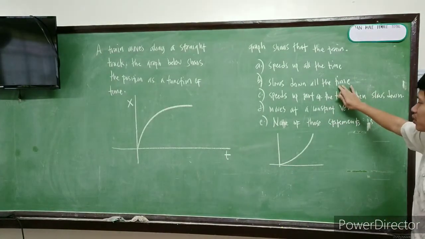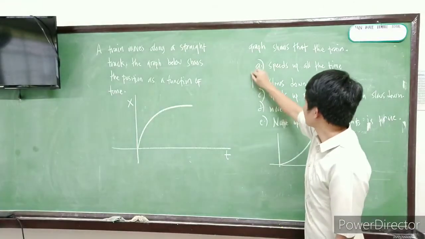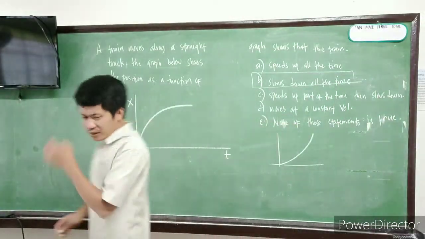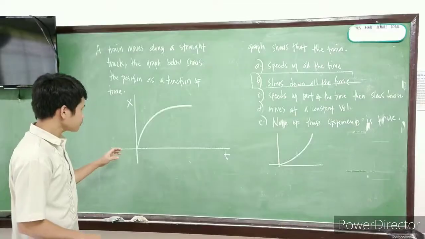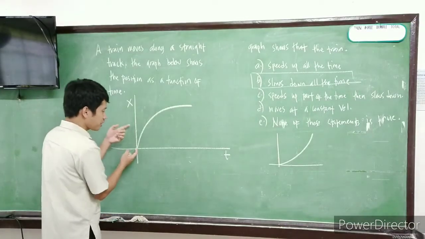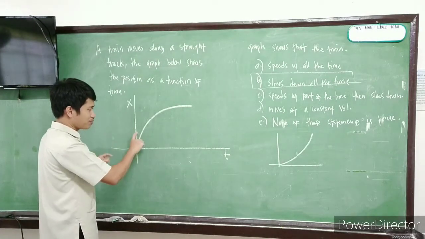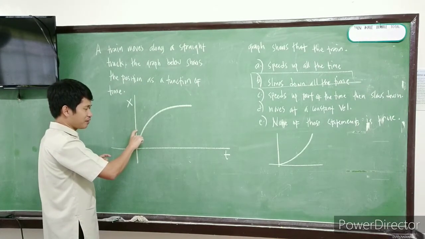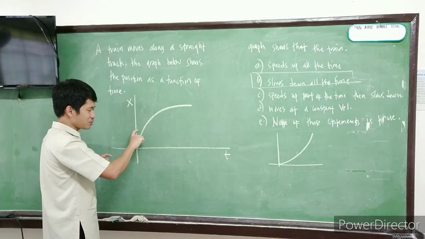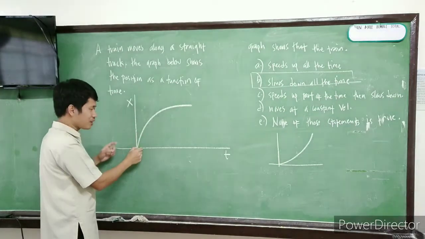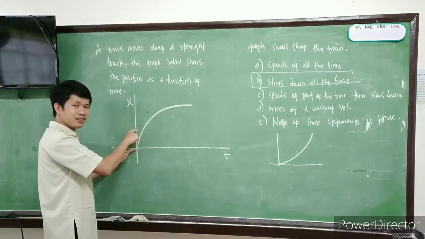Slows down all the time. So, I think this is the correct answer. Slows down. Imagine, you started with a very high initial velocity dito. So, ang bilis, ang laki ng rise compare doon sa run mo. So, ibig sabihin, yung position na nag-covered mo, malaki.